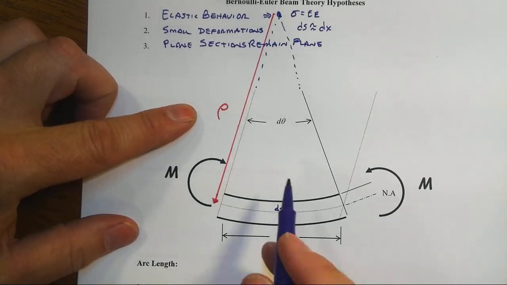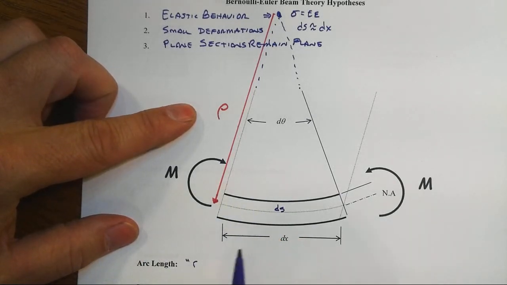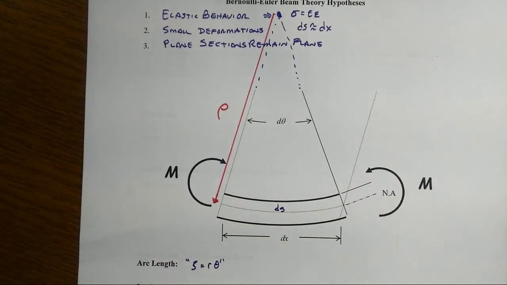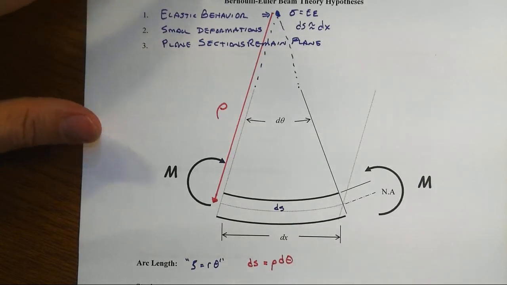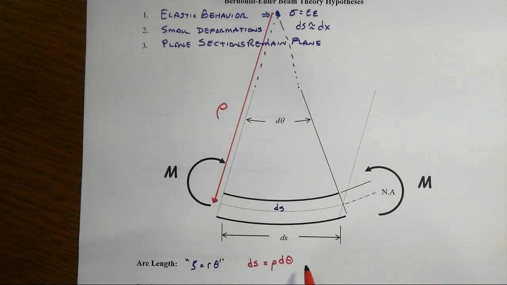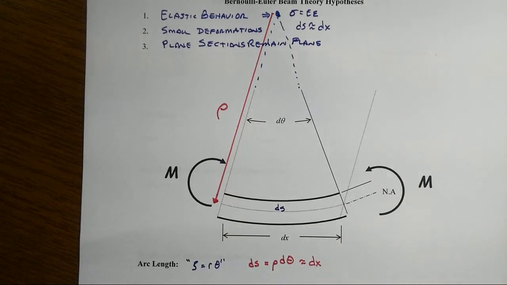Arc length s equals the radius times the angle. Well, at our incremental level, our arc length ds is equal to our radius rho times our angle d theta, of course in radians. And then because of the small angle approximation, that's approximately equal to dx.